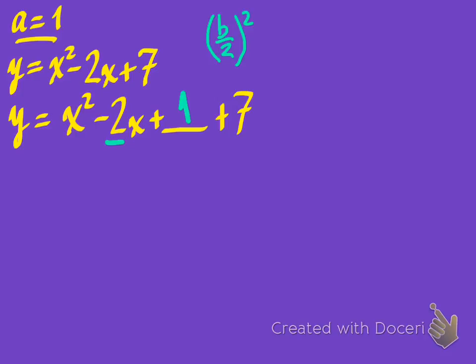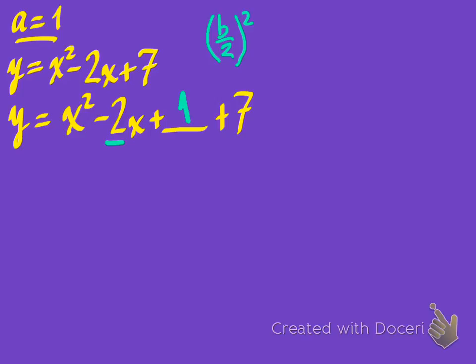Now, I just added 1 into that equation. I can't just go around adding numbers into equations just because I feel like doing it. In fact, I can't add anything to one side of an equation. Oh, wait. Yes, I can. I can add 0. So if I add 0 to that equation, it doesn't change. I can add 0 all day long to anything, and it doesn't change anything.